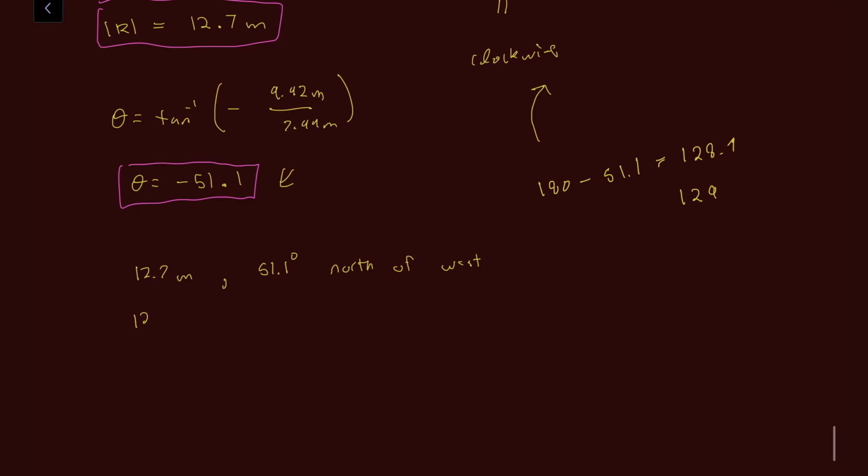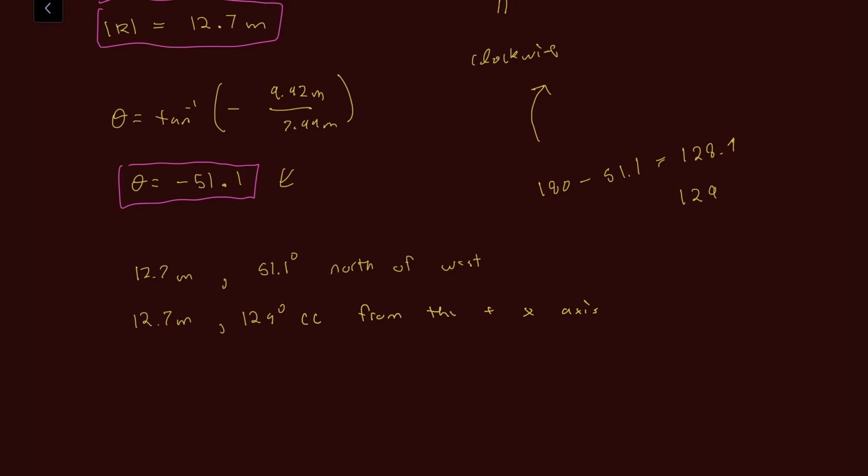So this is either a vector with magnitude 12.7 meters, 51.1 degrees north of west, or 129 degrees counterclockwise from the positive x axis.